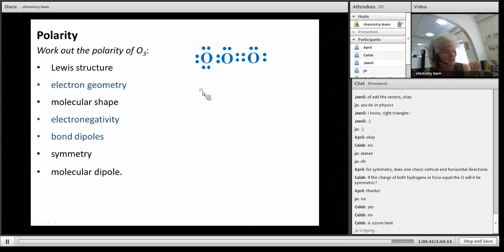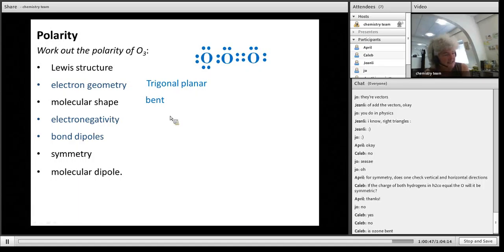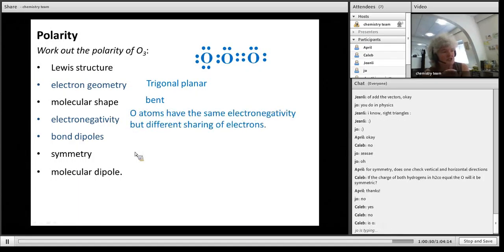And it's because it's a bent molecule, Caleb, correct. They have the same electronegativity, but they share the electrons differently.